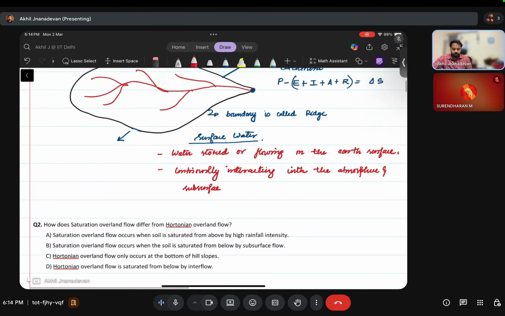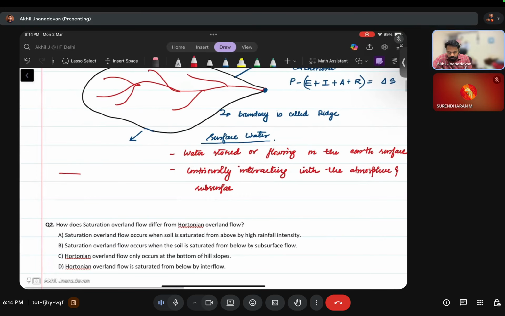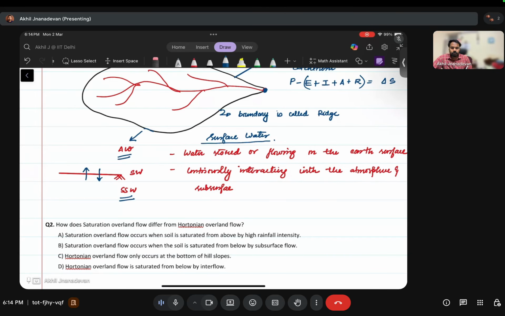So there are two feedbacks happening. If you take this as the surface of the earth, here is the surface water, this is atmospheric water, and this is the subsurface water. Surface water is in constant touch with the subsurface and the atmospheric water. That's why it is very important to understand this, right?